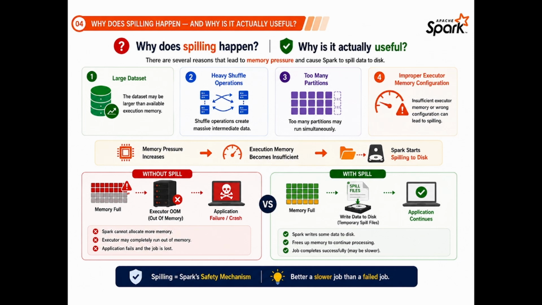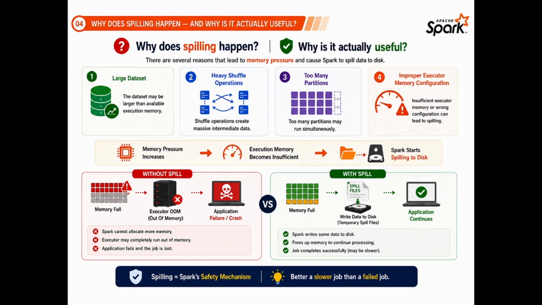And here's something important. Spilling is not necessarily a sign that Spark is broken. In many situations, it's actually Spark protecting the application. Because without spilling, the executor could run completely out of memory, and the entire job might fail. So Spark accepts slower performance in exchange for keeping the workload running.